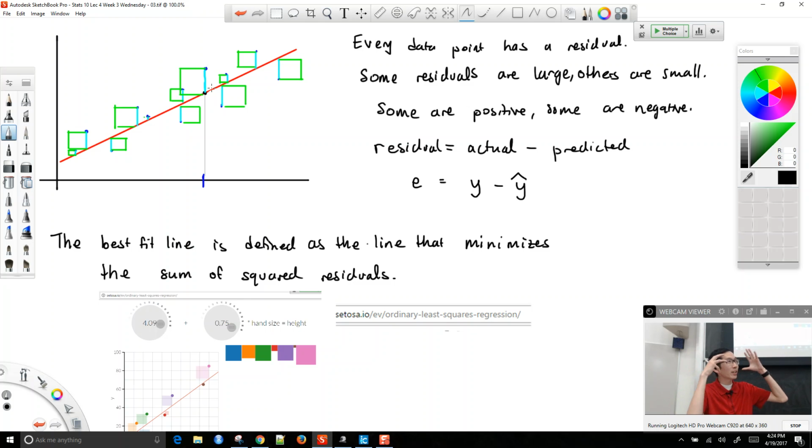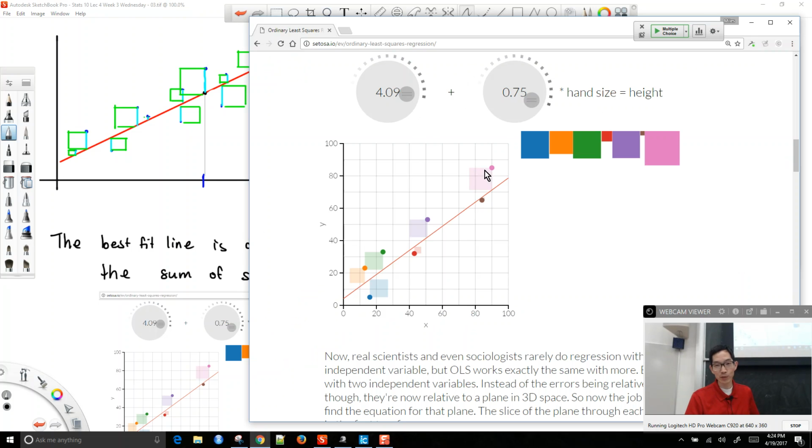You can visually think of it as all these squares that are formed. They're formed by taking the difference between each dot and the line, making that the side of the square, and forming a box. What we're trying to do is minimize the total area.